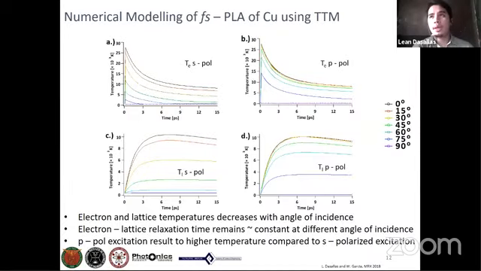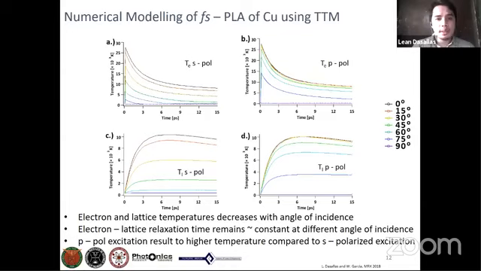Now, as we know, the reflectivity is dependent on the angle and on the polarization. So what we did is to modify the angle of incidence and the polarization of the incident light. And as you can see, the electron and the lattice temperature decreases with the angle of incidence.